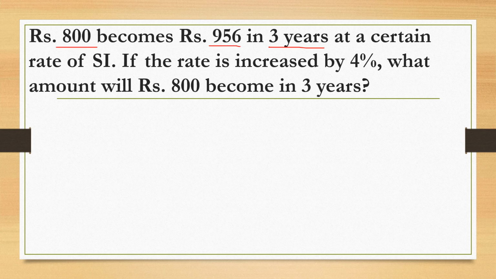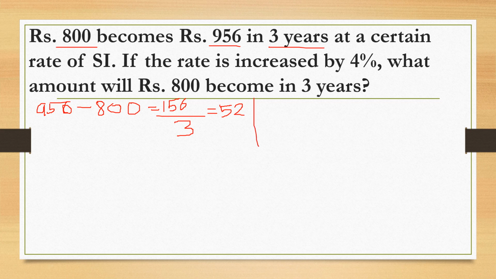As seen in the previous question, the difference between 956 and 800 is 156, and it is for 3 years.